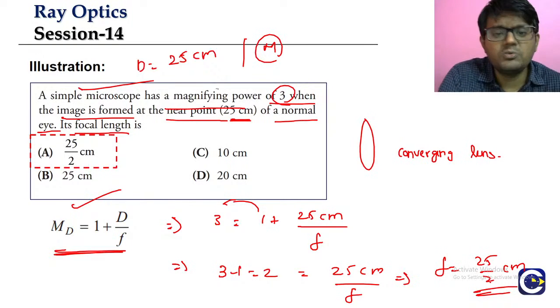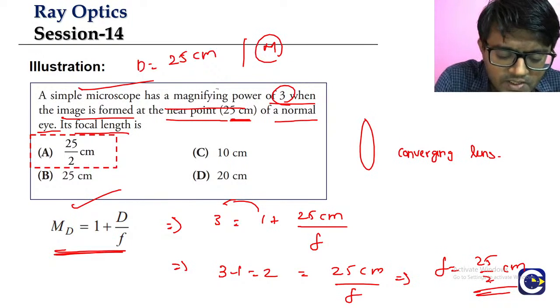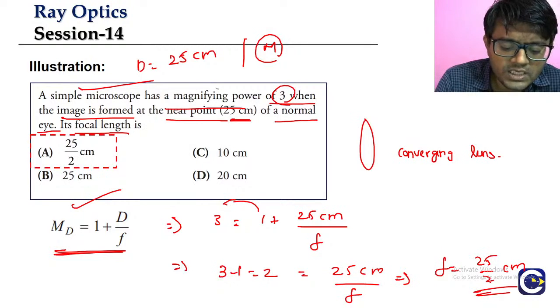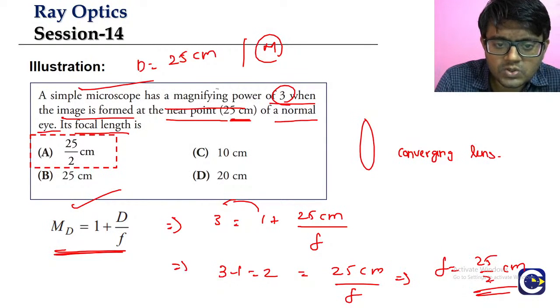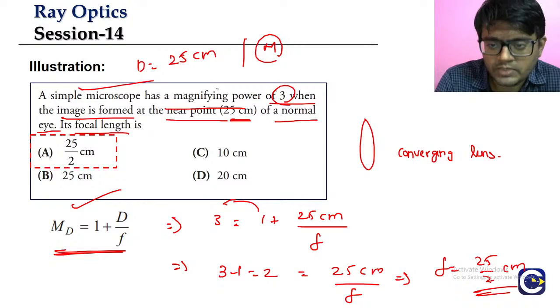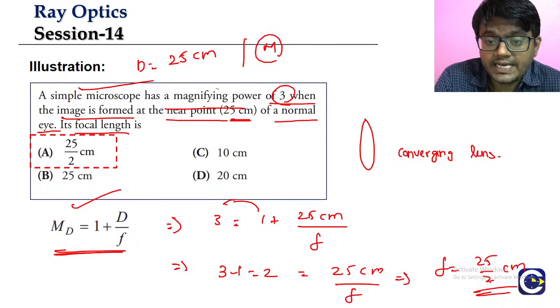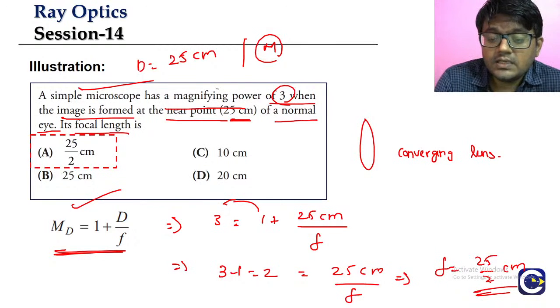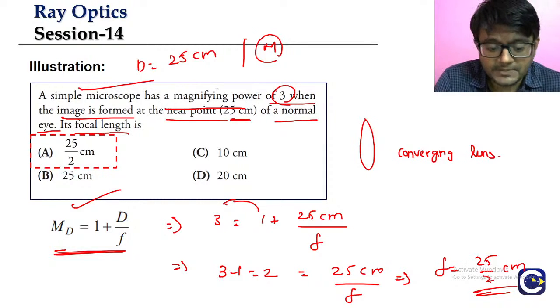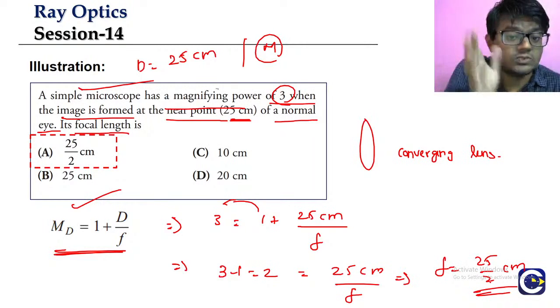So that's it. If you are able to remember the formula, we will be able to solve not only the simple microscope, but also the compound microscope, right? Even if you are practicing some questions, you'll see that the questions will be coming straight on the formula type. So there is not much to think over here guys.